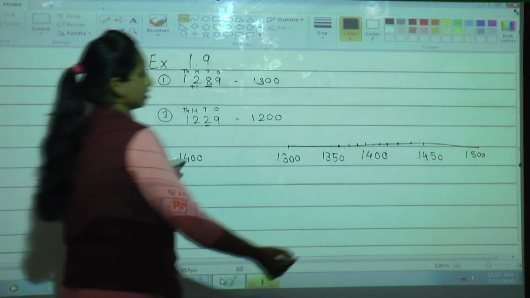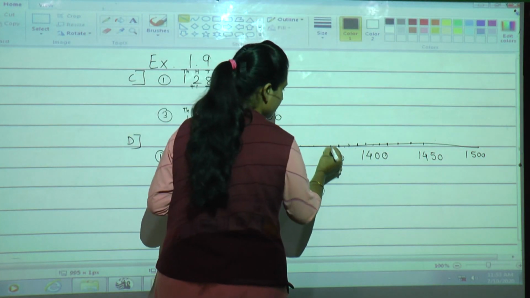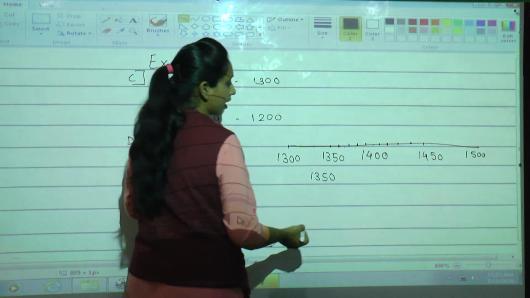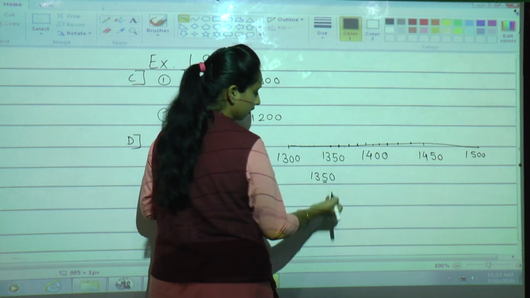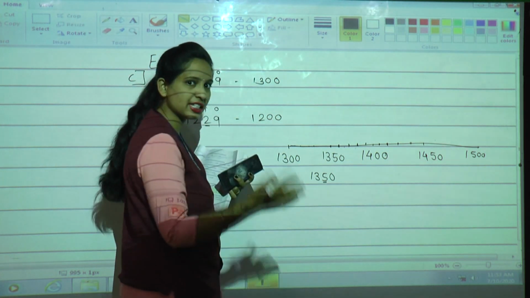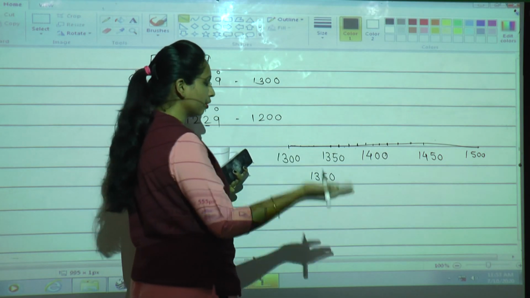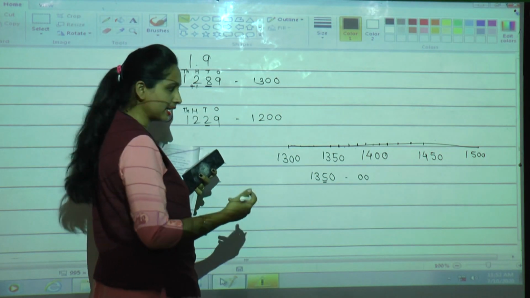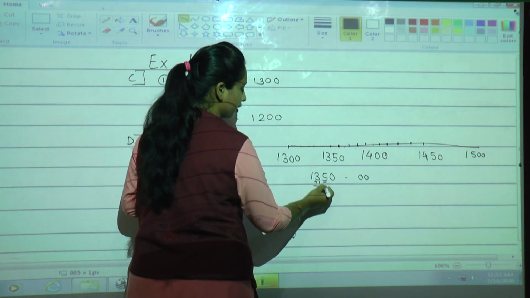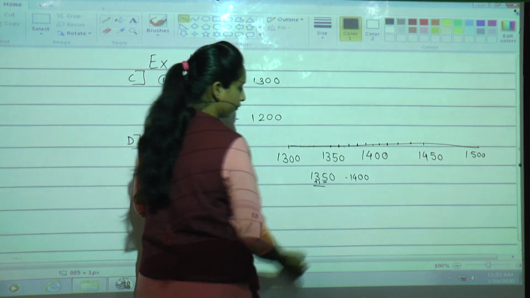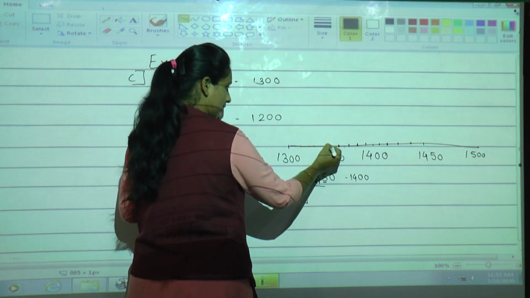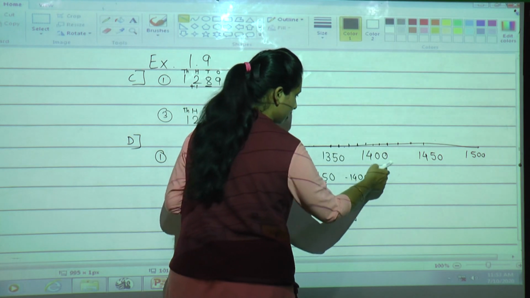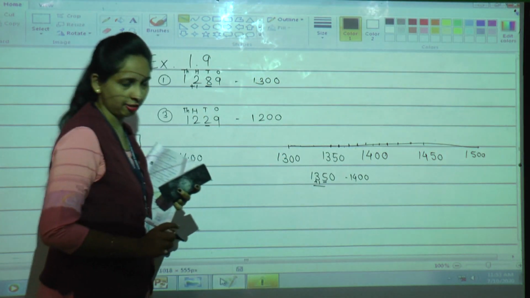So you can see here, if numbers start from 1350, hundreds, just underline the tens place. What is there on the tens place? 5. If 5 or more than 5, just place the zeros on ones and tens place and add 1 to the hundreds place. So we get 1400. Means we can say that from 1350 all numbers we can round to 1400.